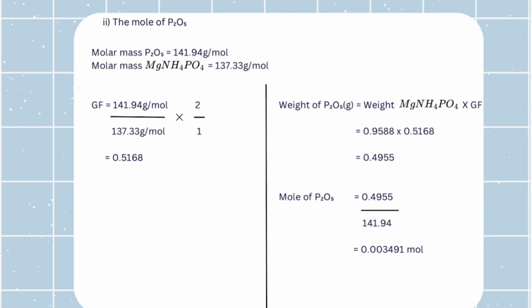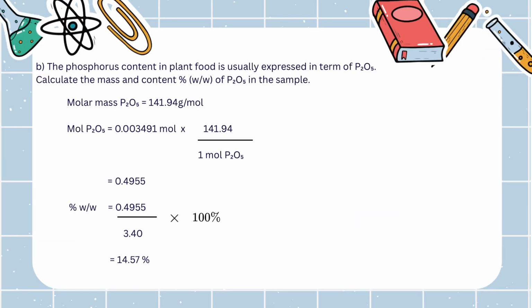So once we have the mass of phosphorus pentoxide, we will divide it by the molar mass of phosphorus pentoxide. So 0.4955 over 141.94. So we will get 0.003491 mole. Okay, for question B, we need to calculate the mass and percent content of phosphorus pentoxide in the sample.